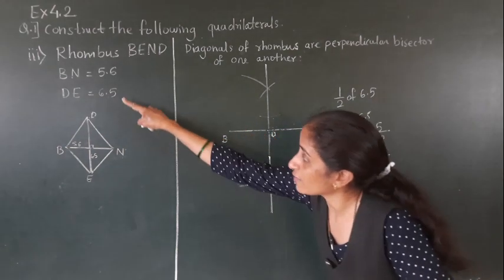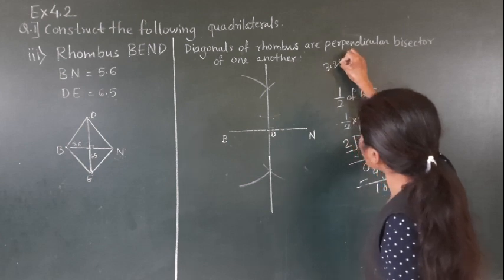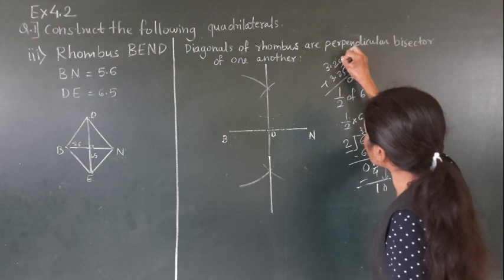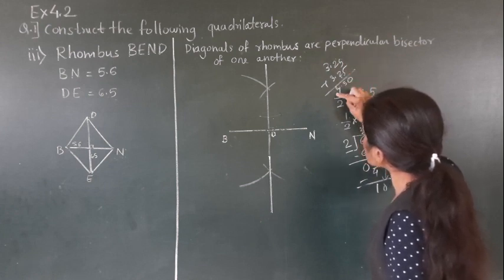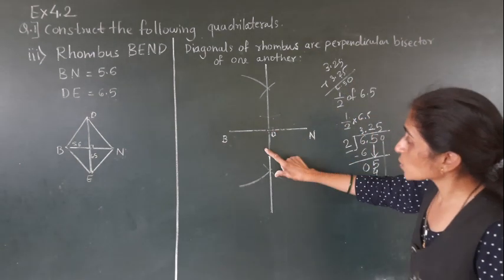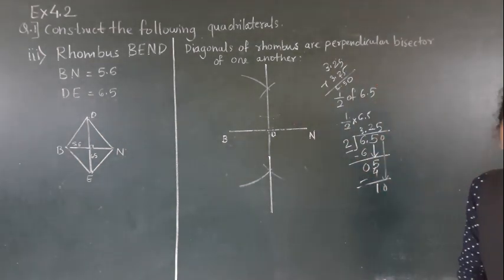If we add 3.25 plus 3.25, 5 plus 5 is 10, and so on, we get 6.5. 6.50 means only 6.5. So this measurement we want is 6.5, and half the measurement is 3.25.